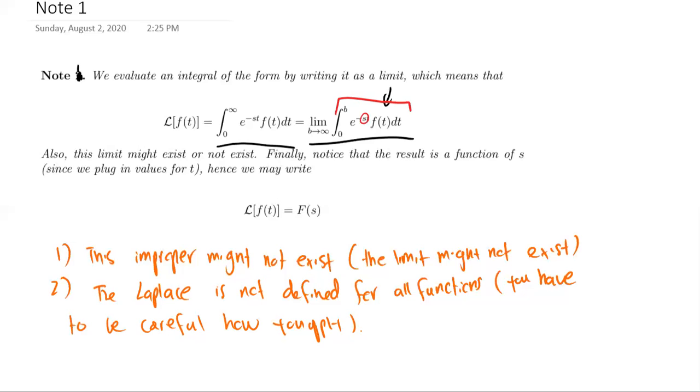Oops, actually I don't want to do that because I erased the t. So what does this mean? Assuming that this integral exists, what's going to be left on the right-hand side after we evaluate the integral and then the limit is some expression involving s and constants.